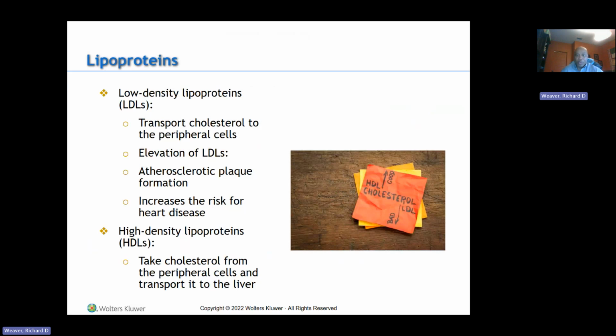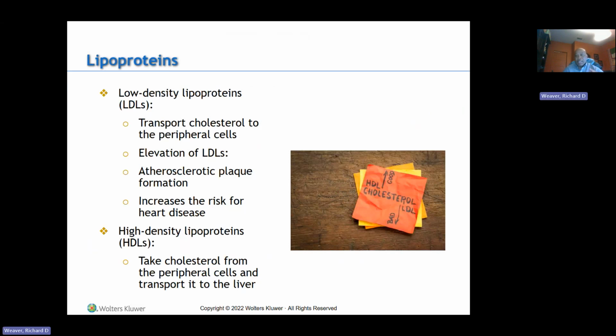And when the cells have all the cholesterol that they need, because remember, our cells also need cholesterol in order to carry out their functions, any excess or remaining amount of the cholesterol is now going to be discarded into the blood. This is not good.